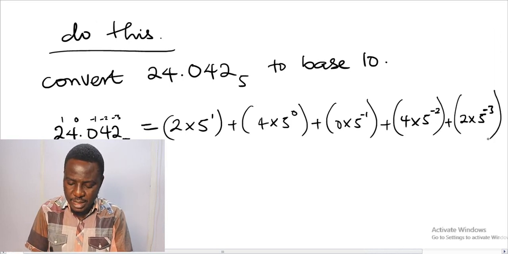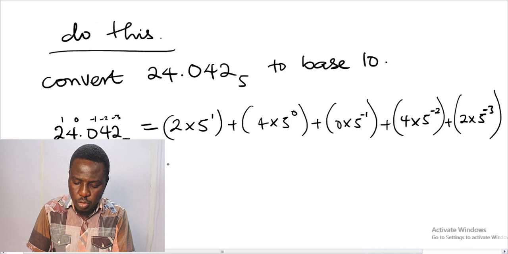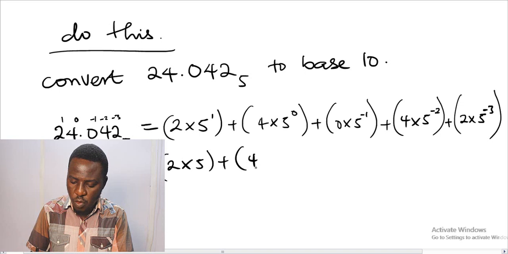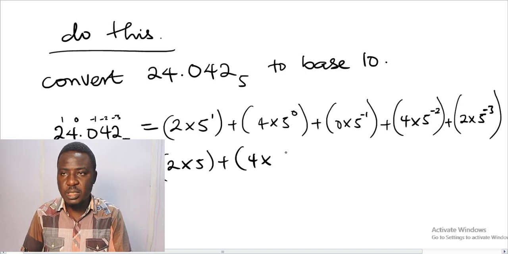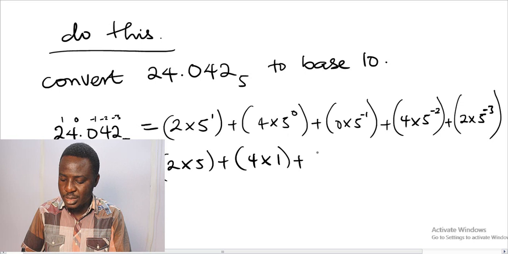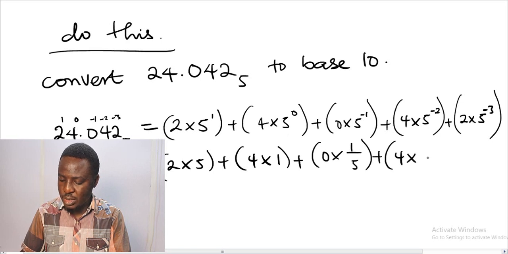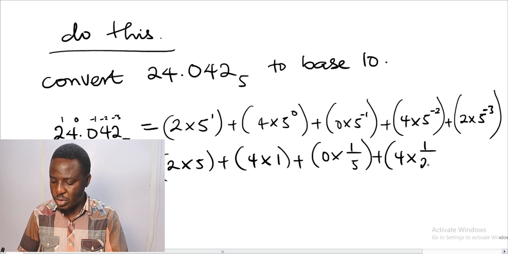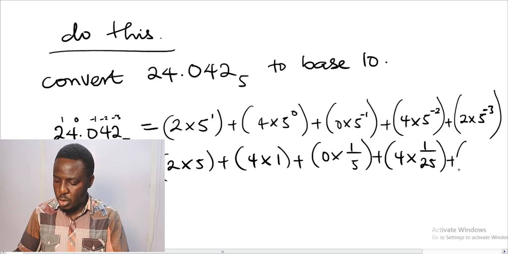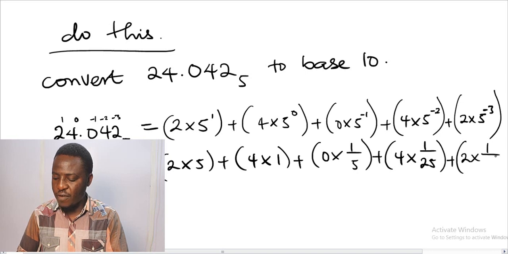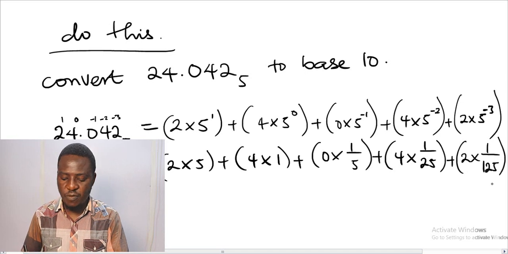When you simplify this, it gives us 2 times 5, plus 4 times 5 to power 0, which is 1, plus 0 times 1 over 5, plus 4 times 1 over 5 squared, and 1 over 5 squared is 1 over 25, plus 2 times 1 over 5 raised to power 3, and 5 raised to power 3 is 125.